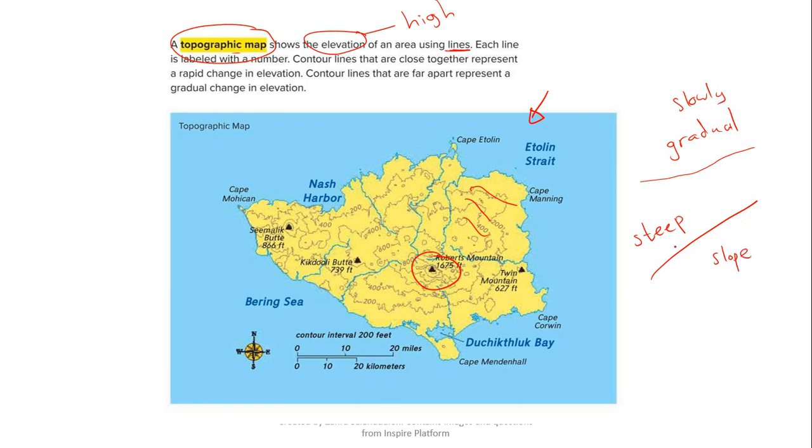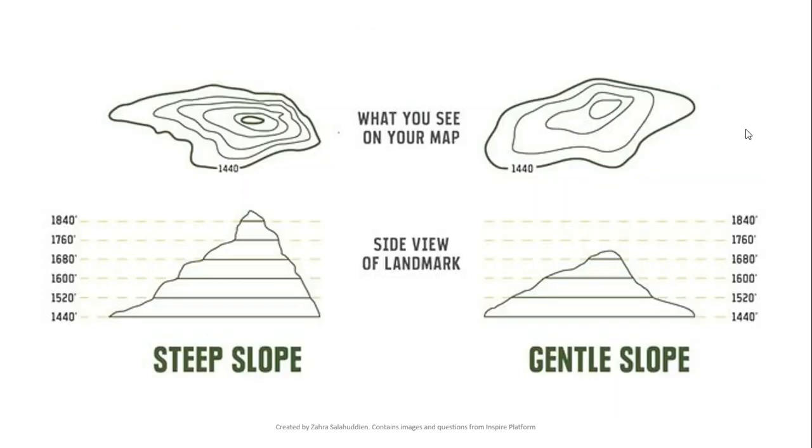So when my slope is steep, it goes up very quickly, it will make a mountain and the lines will be very close to each other. When the lines are further from each other, the land goes up slowly and we call it gradual. Our slope will be gentle when the lines are further. When the lines are closer, they are steep.